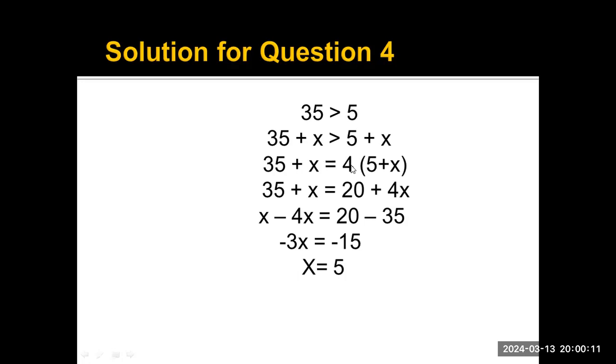So in considering this equation, we are doing the distributive property over addition. On the right-hand side, we have 20 plus 4x. On the left-hand side, 35 plus x. So we gather all the x terms on the left-hand side. On the right-hand side, we gather all the constants, doing the basic algebraic manipulation, and of course, the division property of equality, so x equals 5.